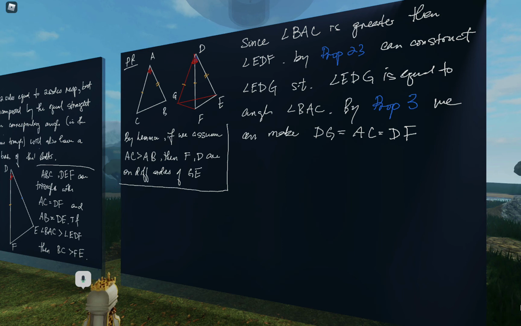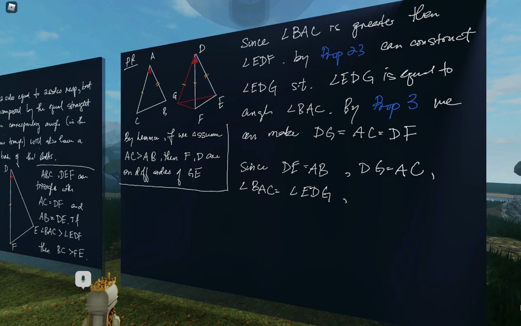Okay, so halfway there. Now, since DE is equal to AB, I'm going to switch over and write symbols now because we're almost out of time. DG is equal to AC, angle BAC is equal to angle EDG. So while we're saying all this, we're trying to make two triangles congruent, right, whenever we list these things.